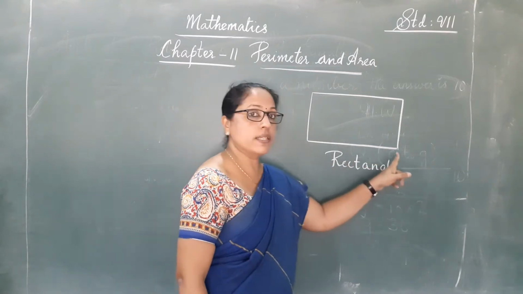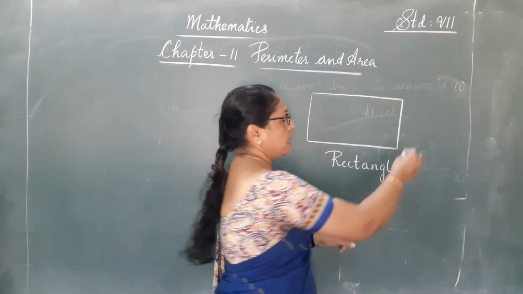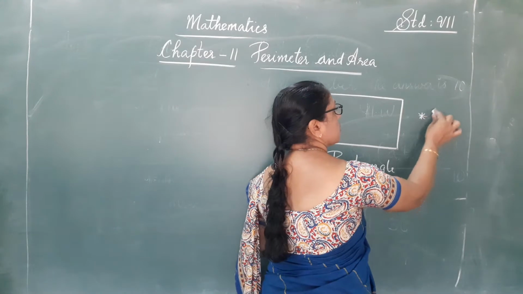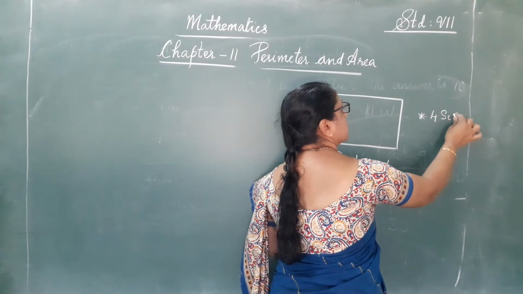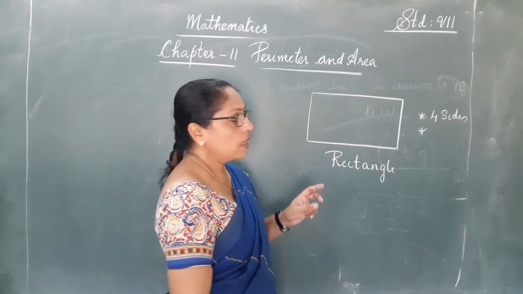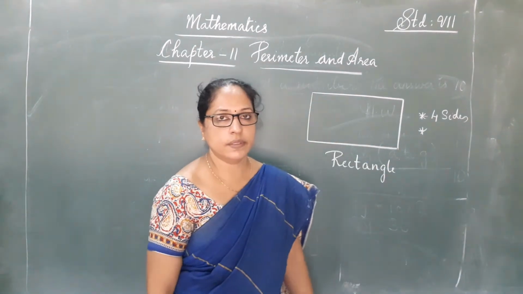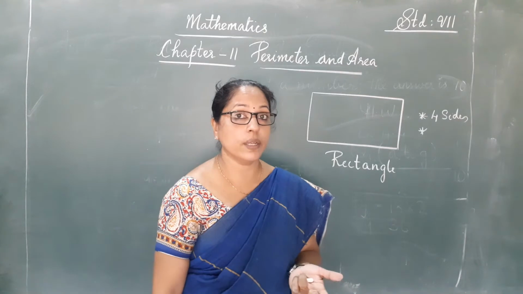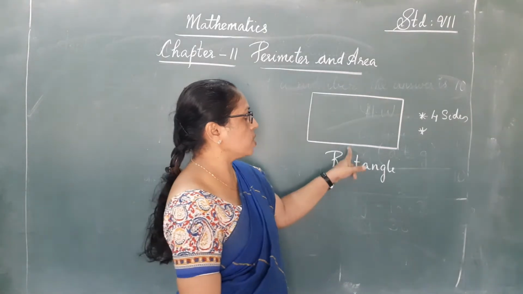The properties: it has four sides. Are all the sides equal? No. How many sides are equal? Yes, two sides.